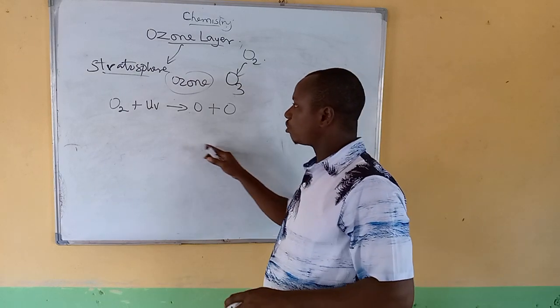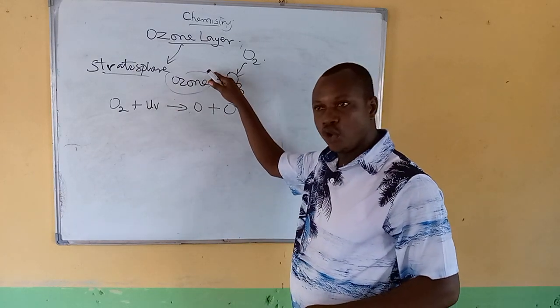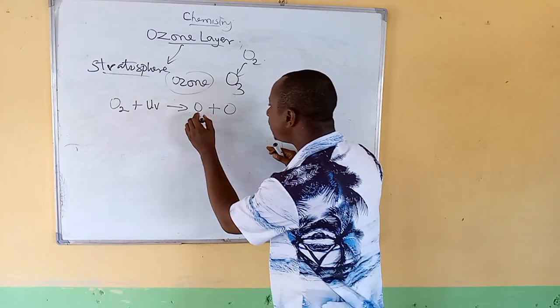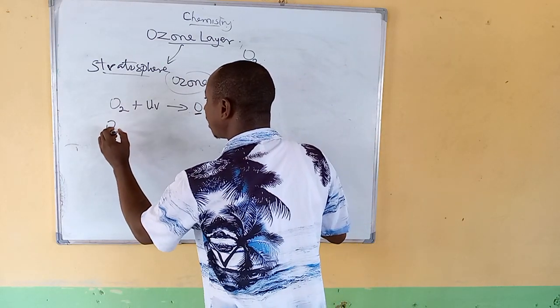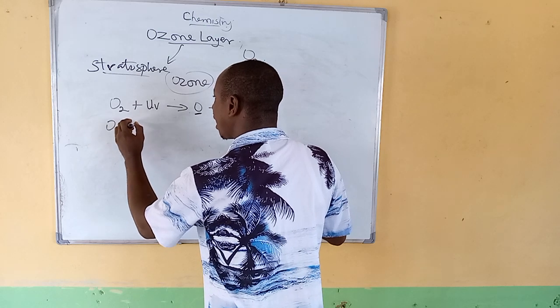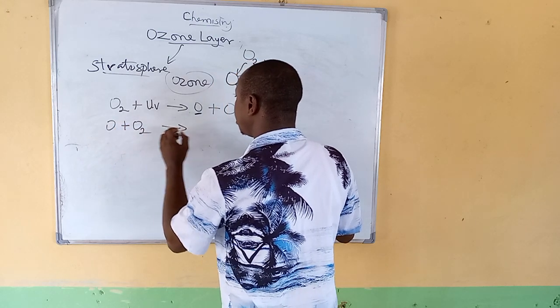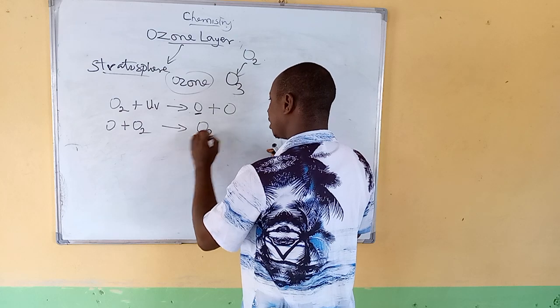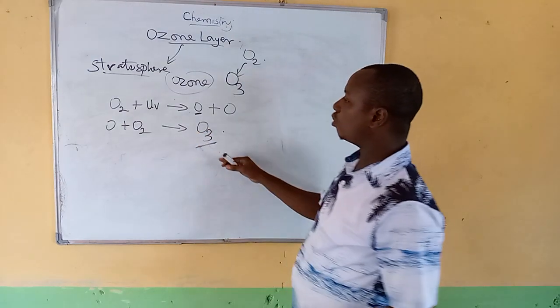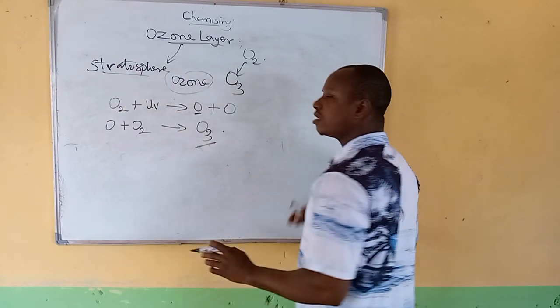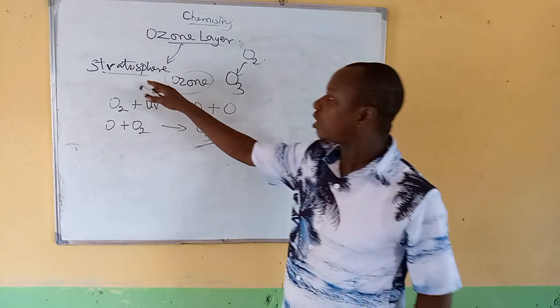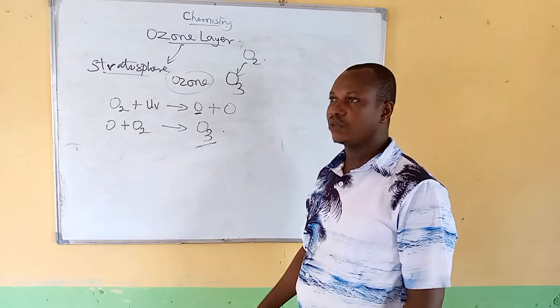That is photodissociation of oxygen. An atom of that oxygen will then react with another oxygen, which will finally give you what? Ozone. This is how ozone is found in the stratosphere.